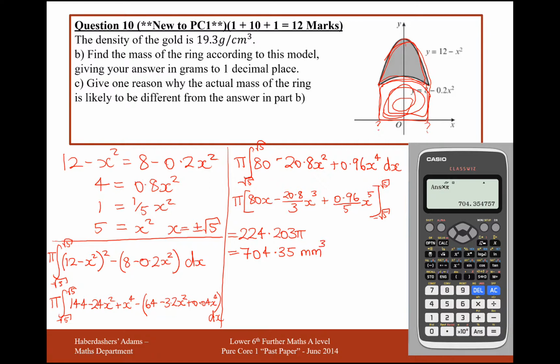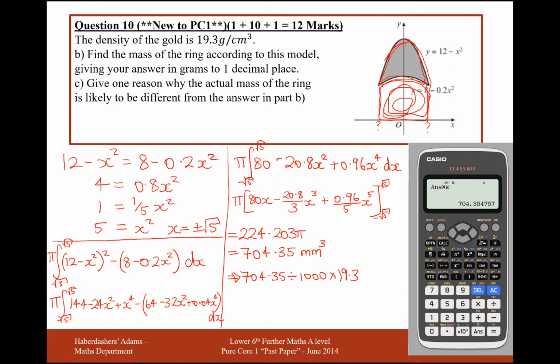millimeters cubed. Now, given that we want this answer in centimeters cubed, what we're going to have to do now is do 704.35, divide that by 1,000 to get it into centimeters cubed, and for every centimeter cubed, the weight is going to be 19.3 grams.